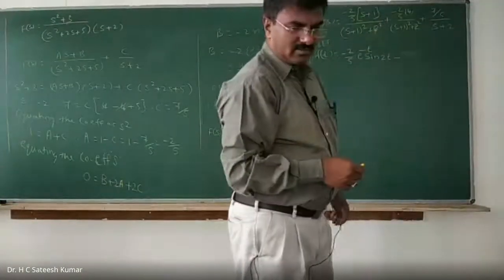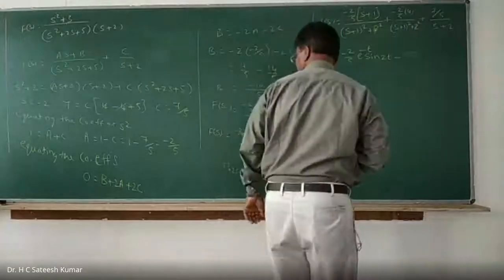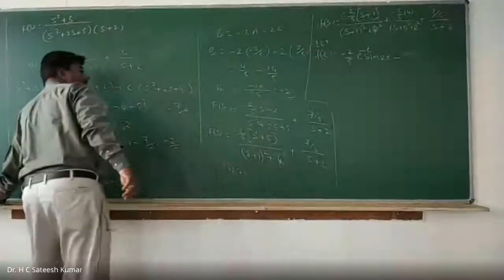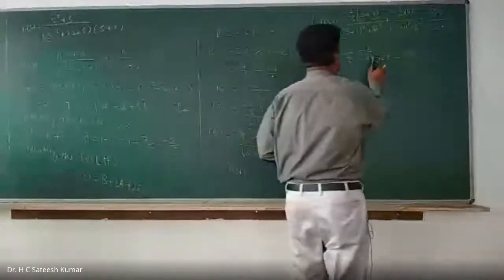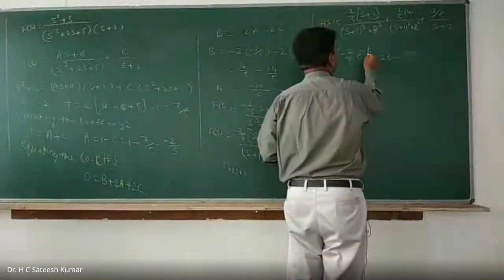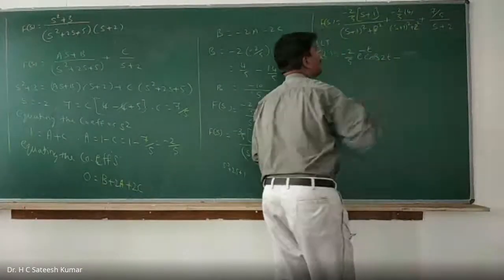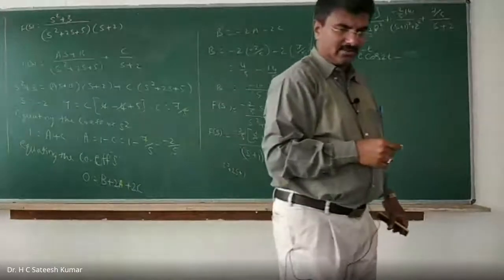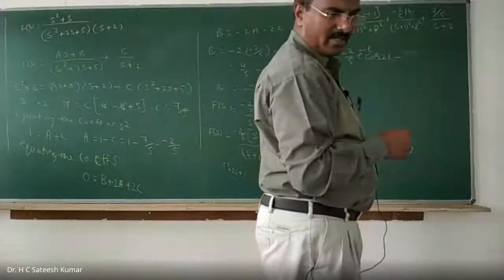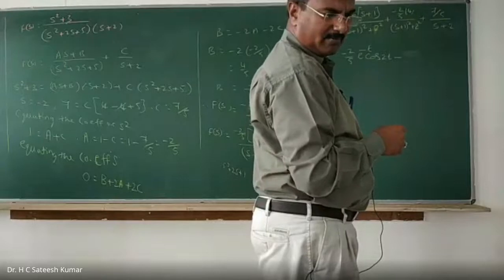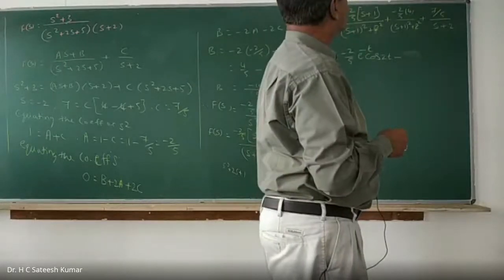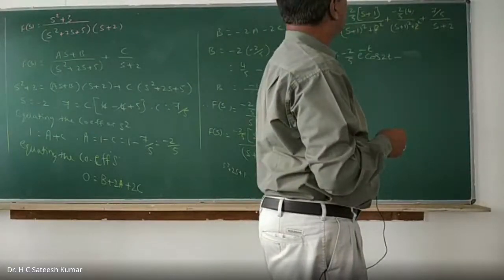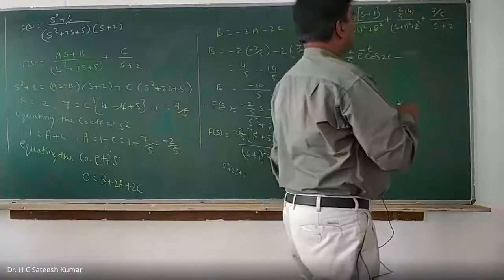So this is not sine, this is cos, sorry. This is cos 2t. Okay, right. This one is sin 2t. Sin 2t, what is that? We have omega divided by s plus a whole square plus omega square.